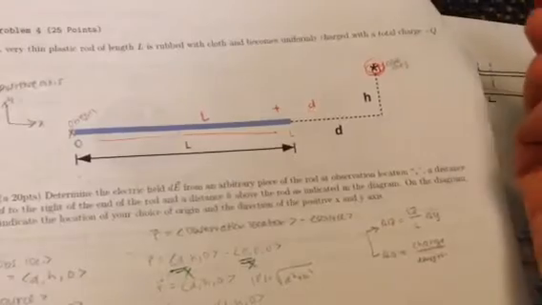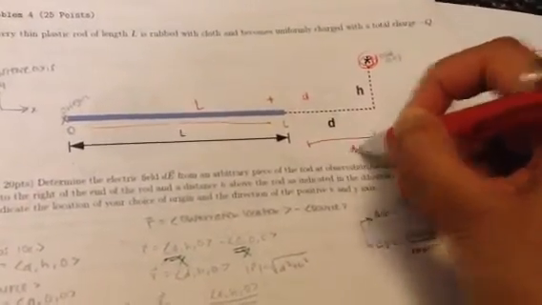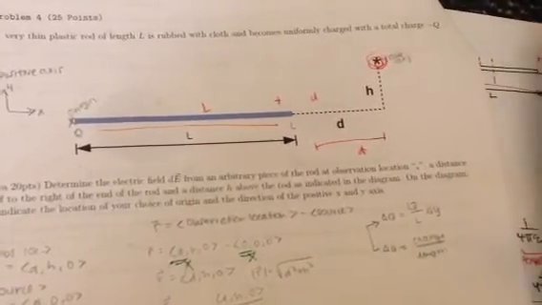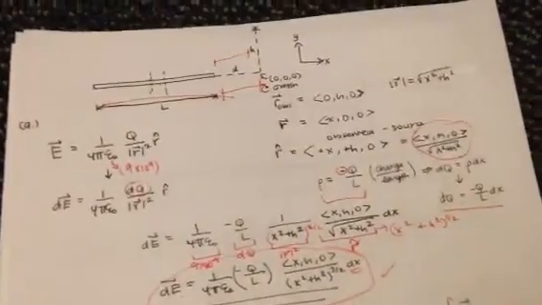And then the other limit is D, only D, because that's the distance that the observation location is by itself, without taking into consideration the charge. And this is how you do problem 4 on exam 1.